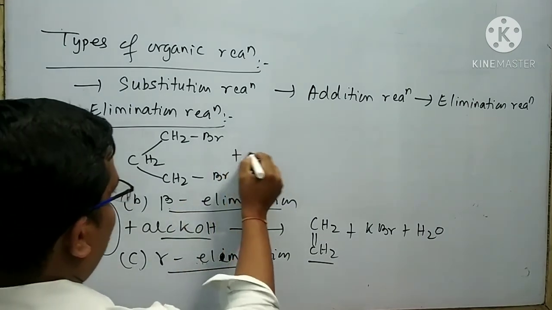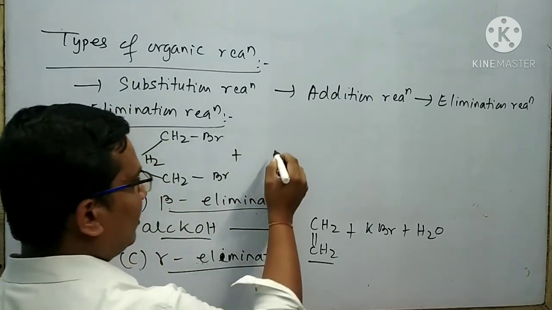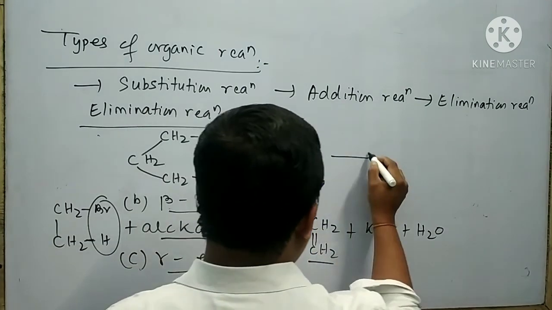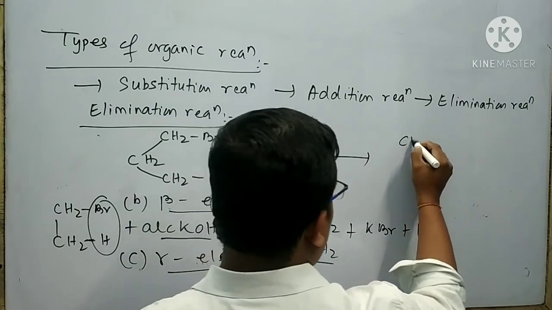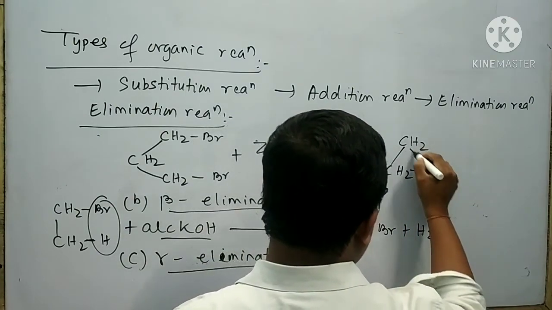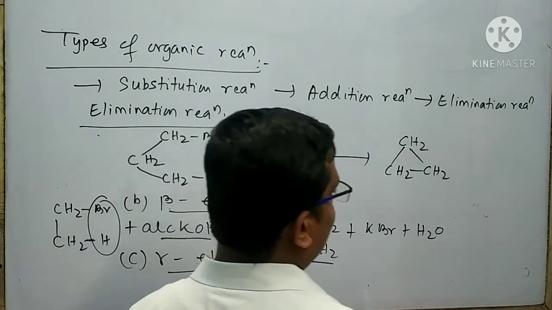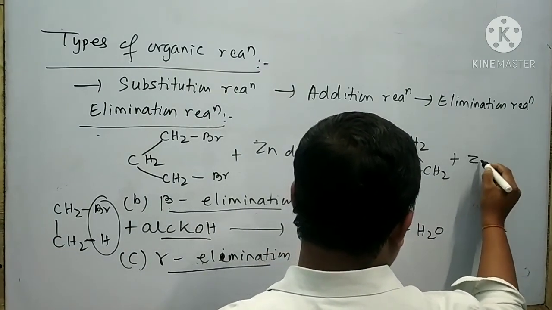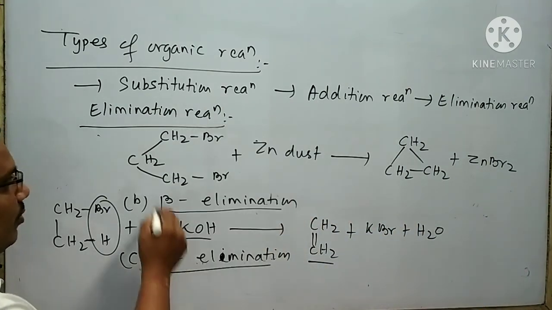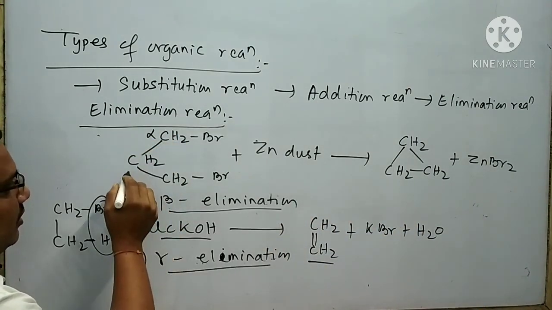When this reactant is subjected to reaction with zinc dust, then what will happen? This cyclic organic compound is formed. Here one byproduct is formed, that is ZnBr2.